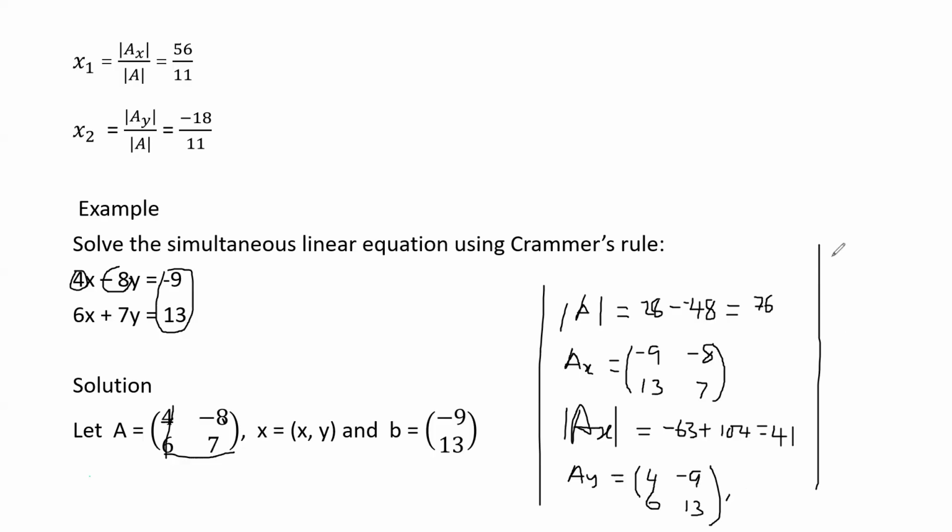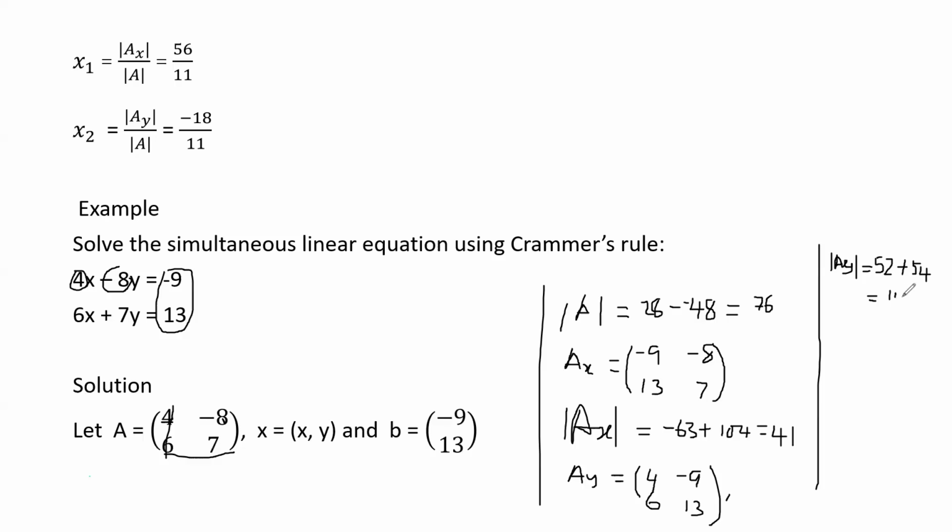Yes, sir. So the determinant of A1: what are you getting? 52 plus 54. And what are you getting? 106. Okay. So this was 106.